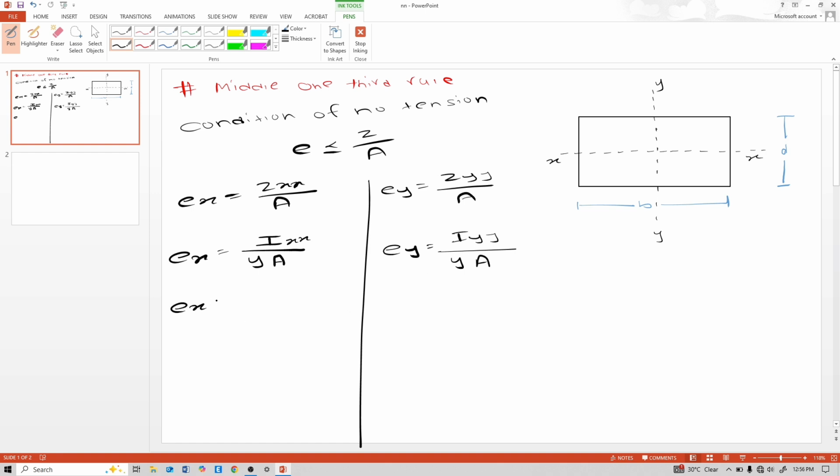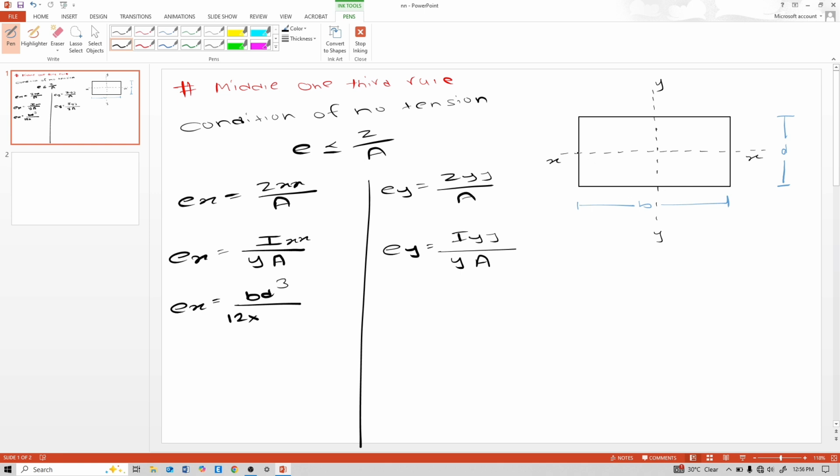So the moment of inertia about the x axis, that means parallel to the x side, is b as it is, and the other side is d cubed divided by 12. Now how to calculate this y?